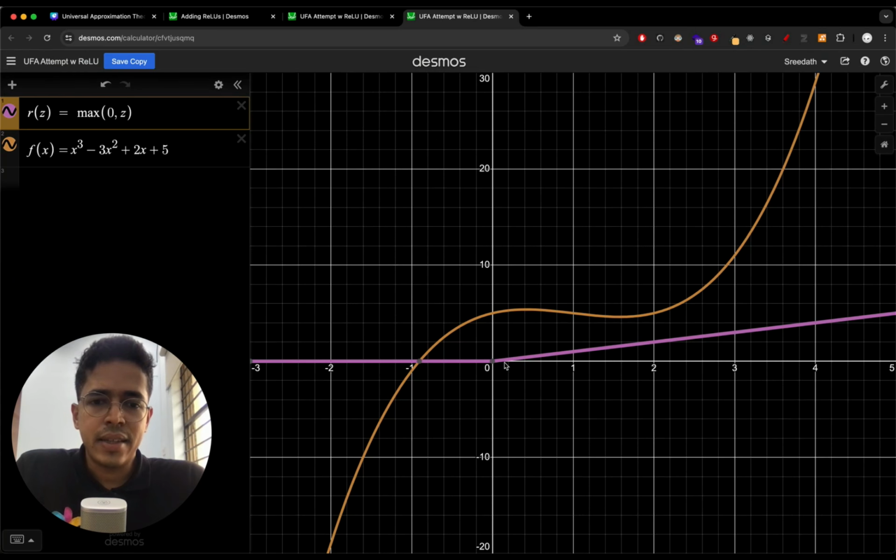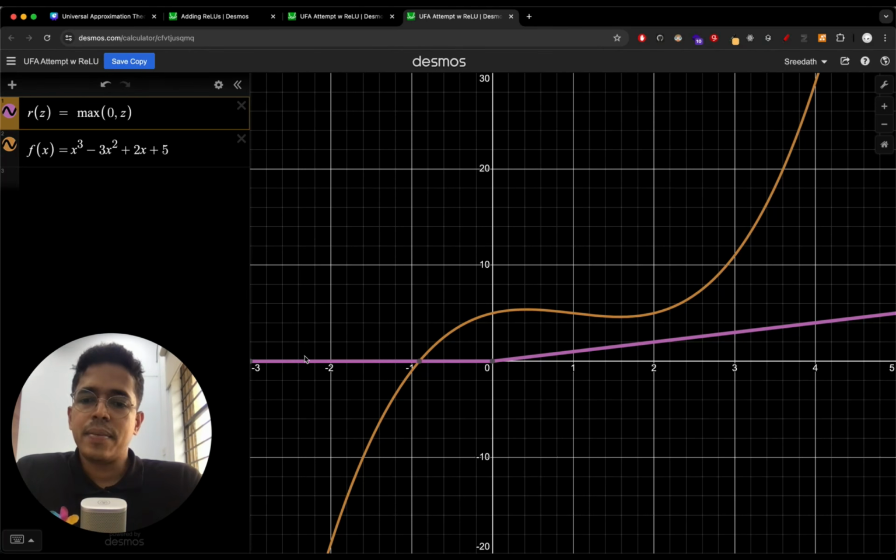And you might think that the slope is not 45 degrees, but it's actually 1, because here the y-axis range is from minus 20 to 30, but the x-axis range is only from minus 3 to 5 in this particular case. So that's why it appears as though the slope is not 1, but in fact it's 1.